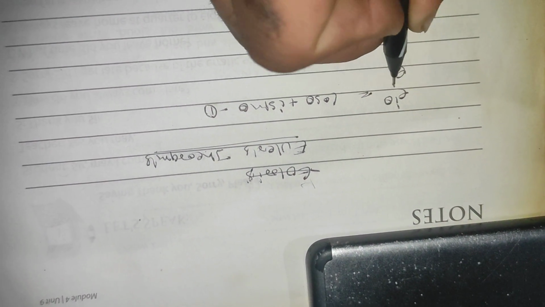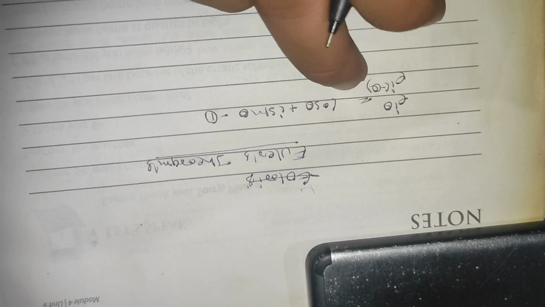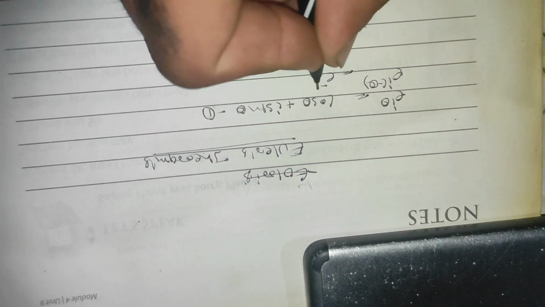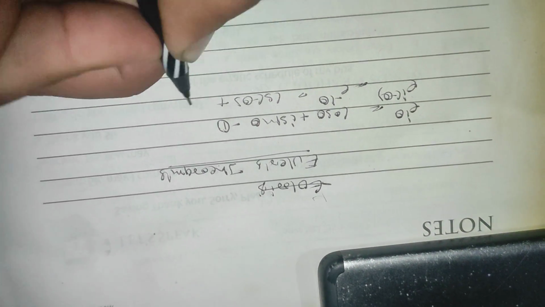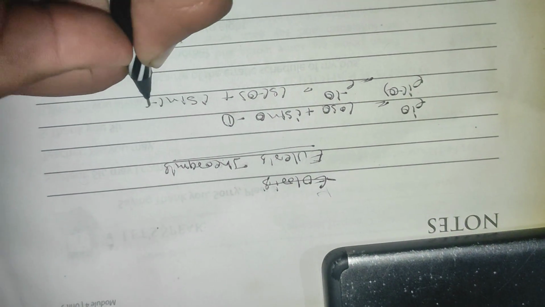Second, if we have e to the power iota times minus theta, meaning theta is negative, this becomes cos of minus theta plus iota times sin of minus theta.